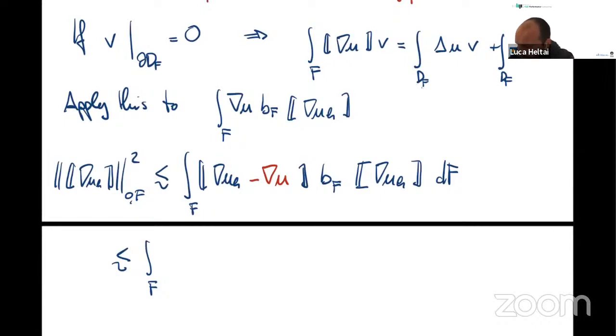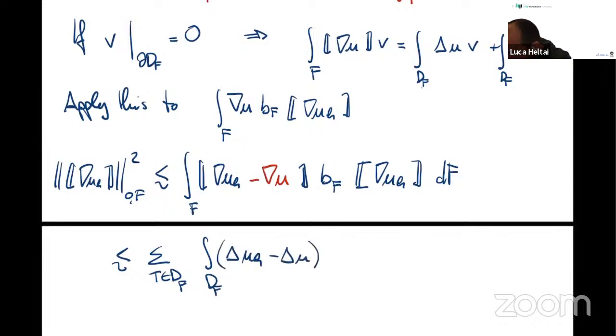Then this should become, if I wrote it in this way, the sum over t in df of the integral over df of what? This would be the Laplacian of uh minus Laplacian of u applied to BF.